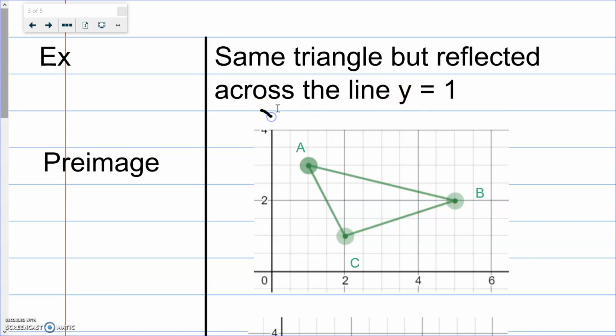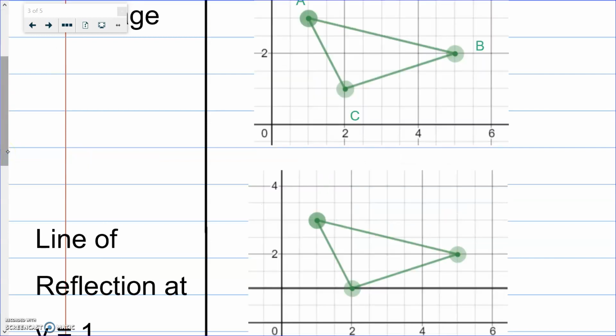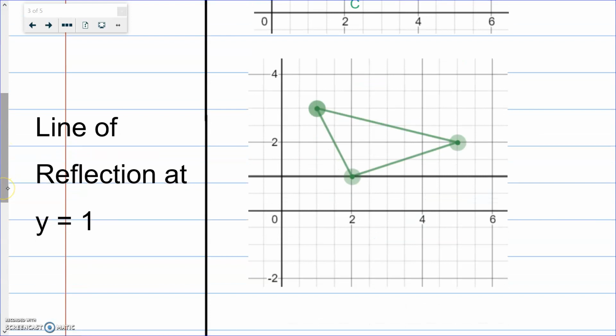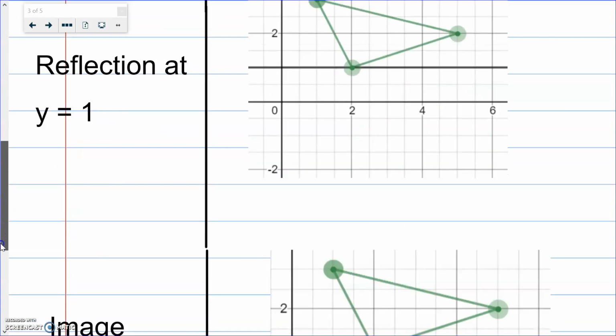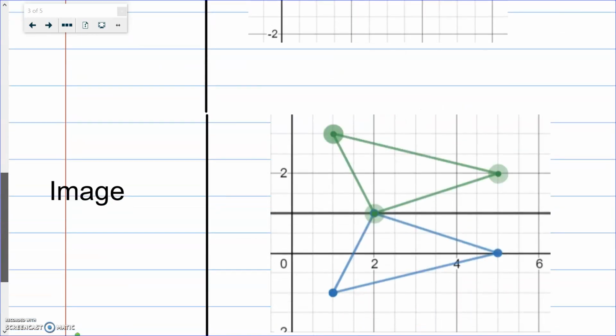Our y-axis is this axis, so we go up from 0, here's 1, and here is our line of reflection. So we draw our line of reflection. From here, we're going to count the distance across to find all the points of our image. So here was A, here's B, and here's C.